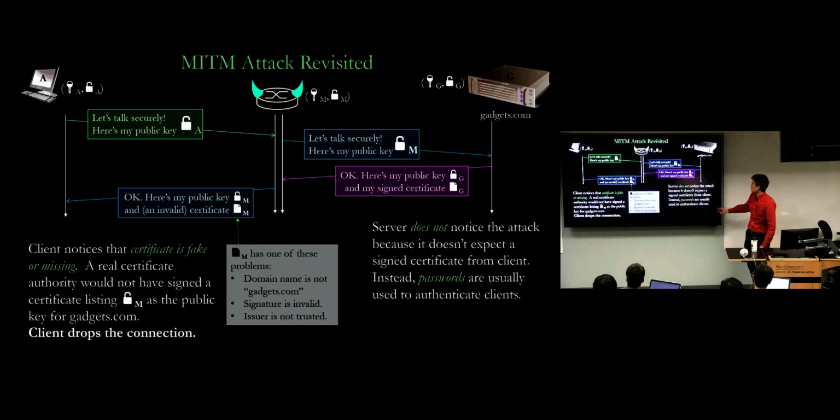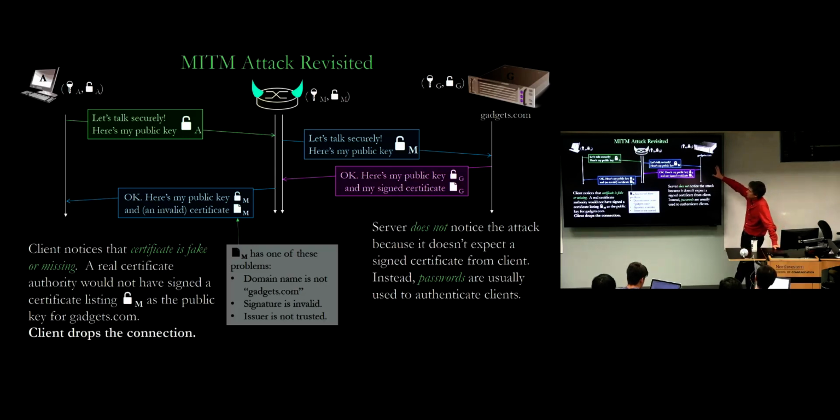Now notice that the server doesn't notice any attack is happening, because the server is not expecting a signed certificate from the client. Because this work of getting a certificate in order to have secure communication involves work. It involves potentially paying for some kind of verification. So all the clients don't go through that process. It's just the servers.